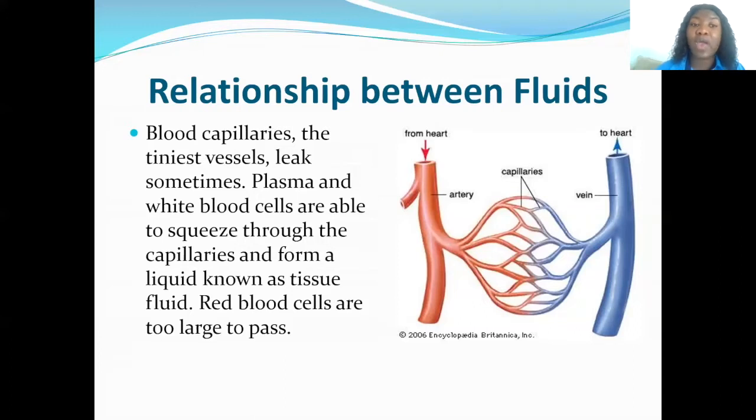So plasma and white blood cells are able to squeeze through the capillaries and form a liquid known as tissue fluid. And that is the 10% that we talked about in the previous slide. So why don't red blood cells pass through the capillaries? Because they are too large.